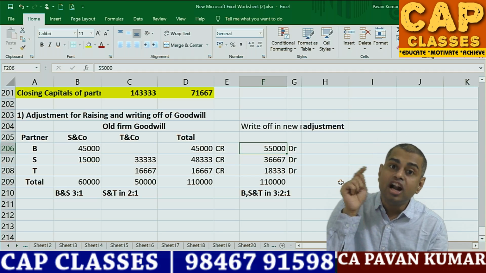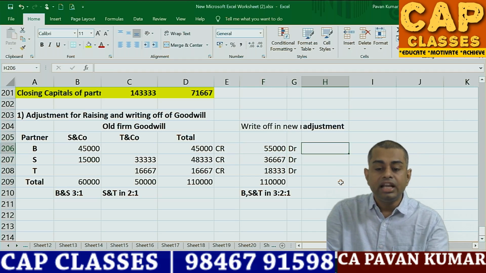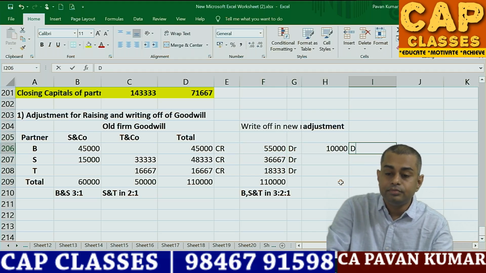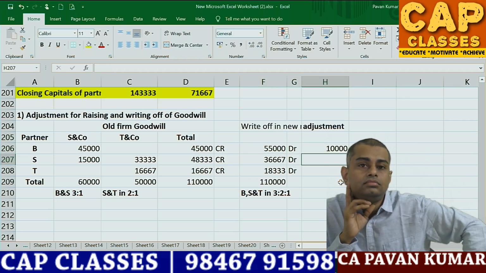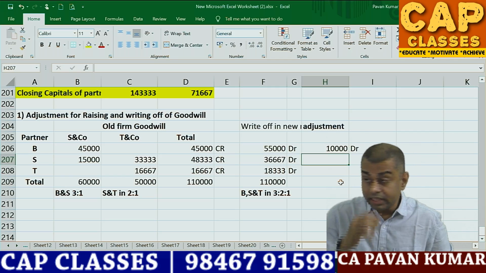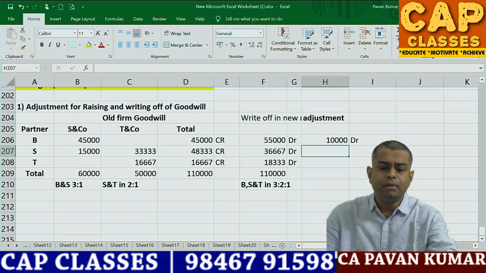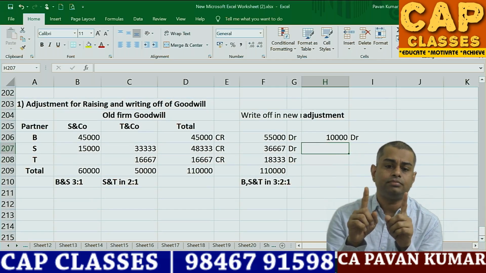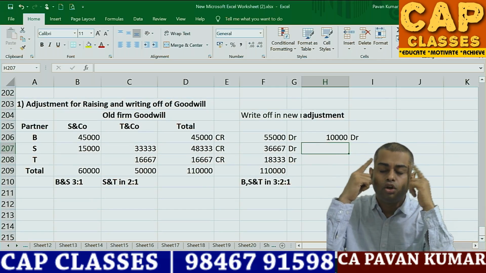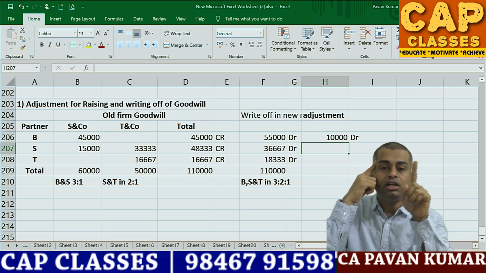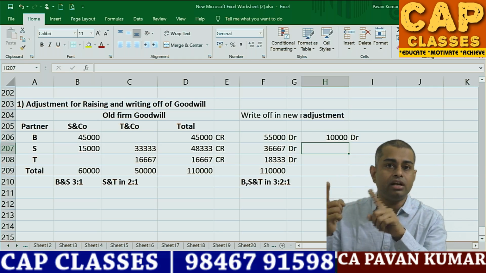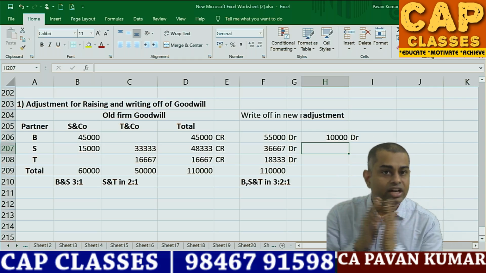Because he is not bringing cash, he will have 10,000 debit. Simple. There are 2 ways of understanding this problem. One is purely go by mathematics. Close your mind, close your eyes. 45,000 credit, 55,000 debit. That means 10,000 debit. This is one way of understanding.